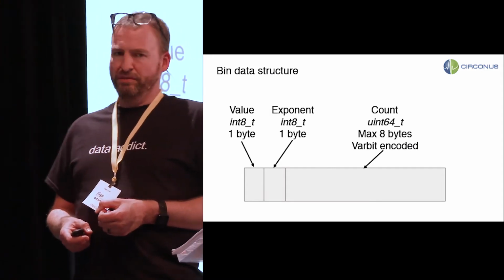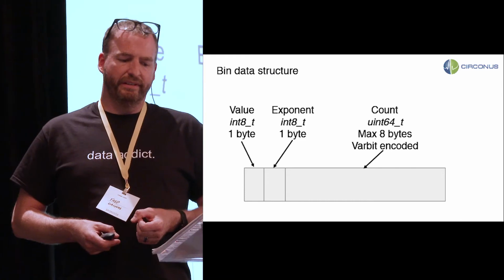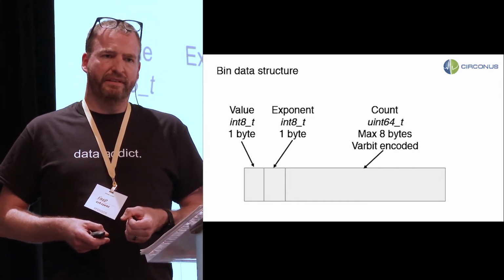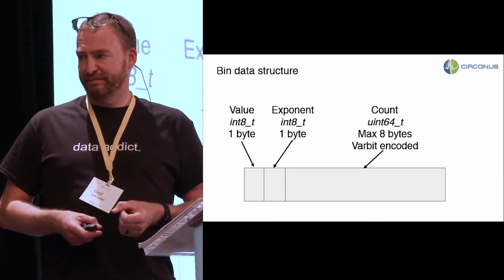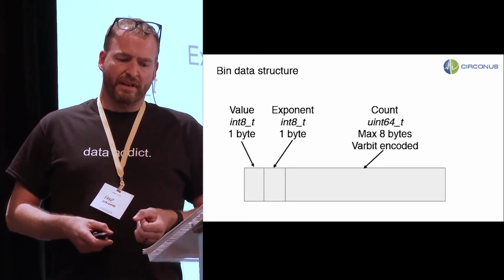And then we have also the count. The count's represented as an unsigned 64-bit integer. So we get a maximum of 8 bytes there. So as you know, we can store essentially an unlimited count in there for all intents and purposes.